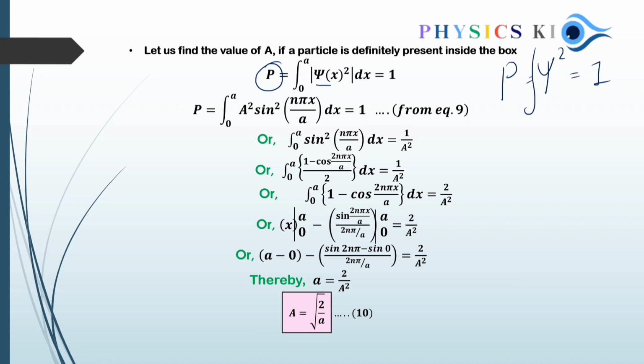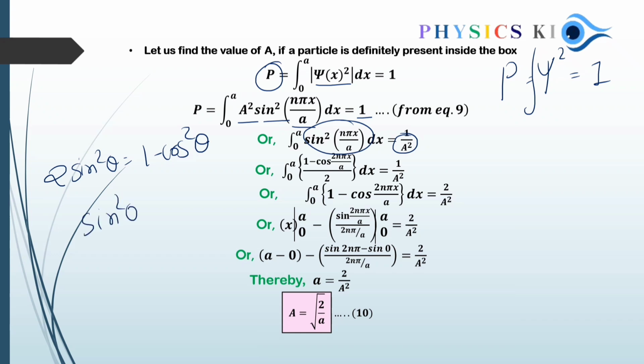Now put the value of psi: A square integral of sin square n pi x by a is equal to 1. A square goes to the other side, and the integration of sin square is not directly possible, so we use the identity sin square theta is equal to 1 minus cos 2 theta divided by 2.